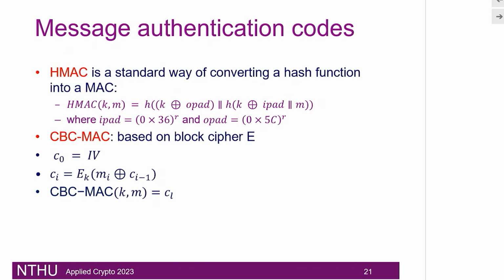So the idea is that they want to add the key twice, in two different operations, to this message. These two constants have opposite locations where their bits are 0 or 1. So when you XOR the key with ipad and opad, you kind of generate two different keys.